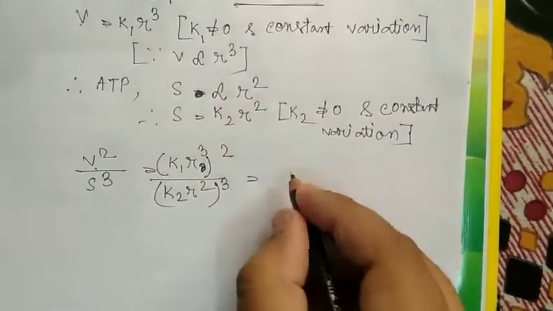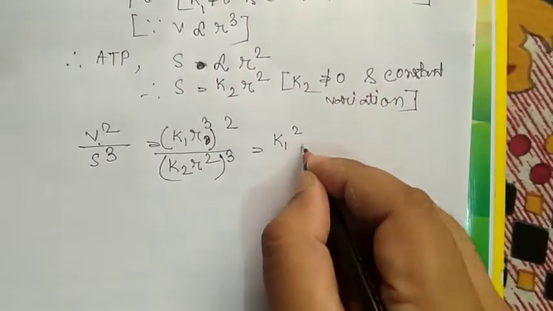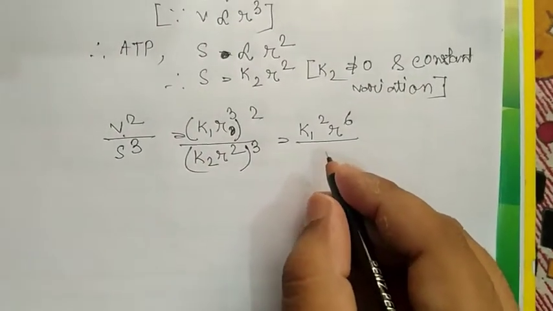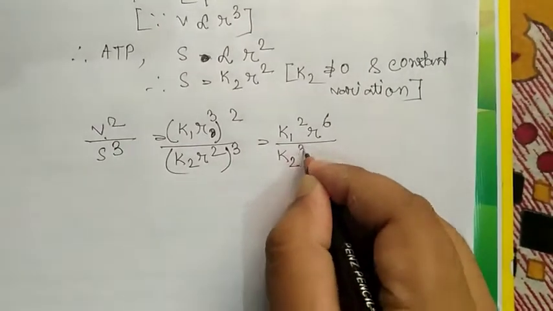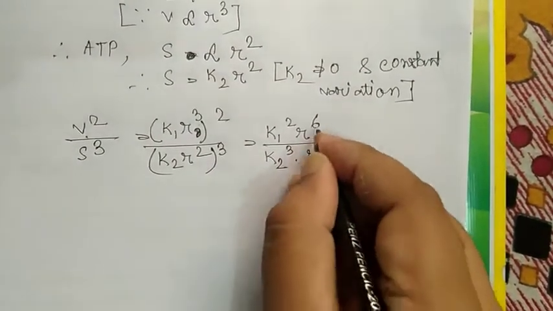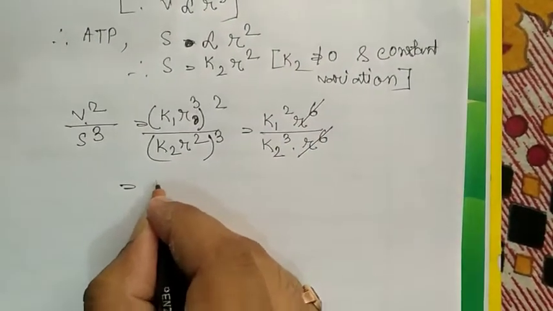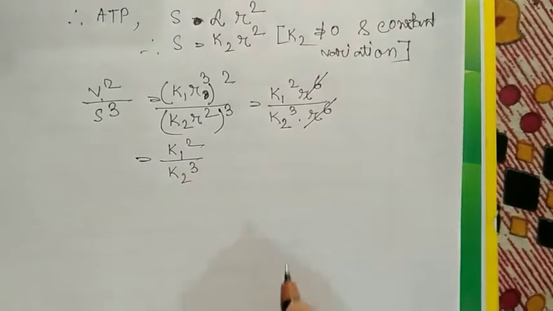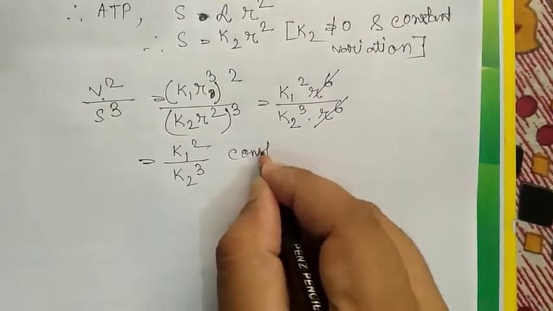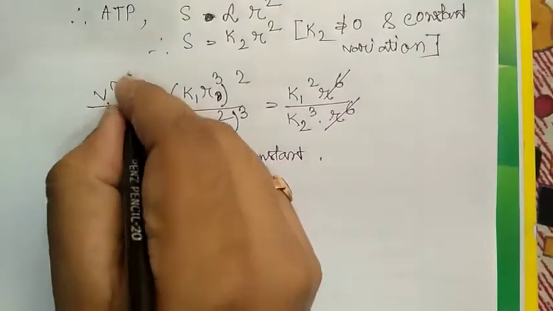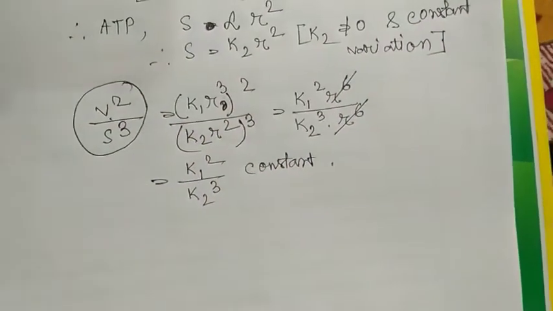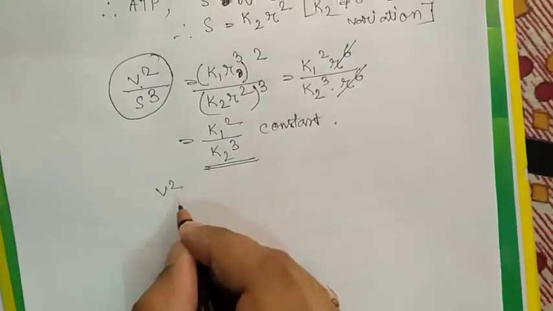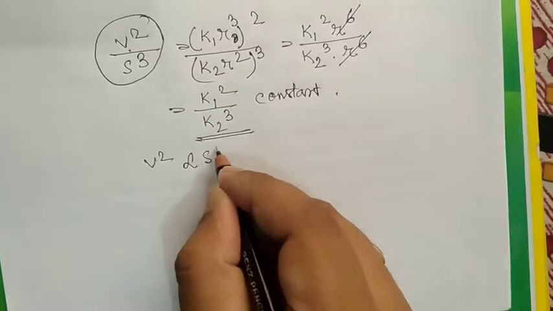Squaring the numerator we get K1 square r to the power 6, and the denominator is K2 cube into r to the power 6. Eliminating both of these we get K1 square by K2 cube, which is a constant. So therefore this total value of volume square by surface area cube is a constant. Therefore we can write V square is in direct proportion with surface area cube.